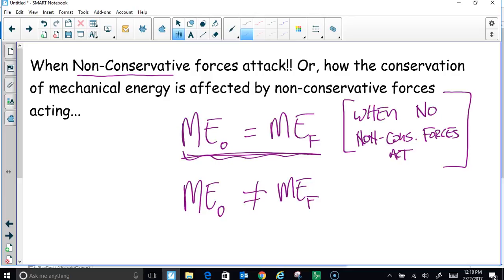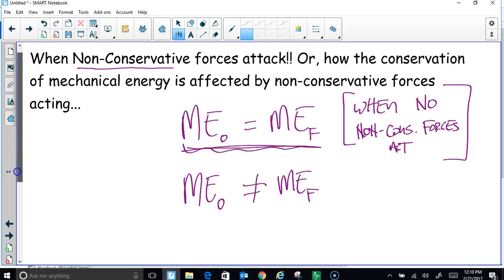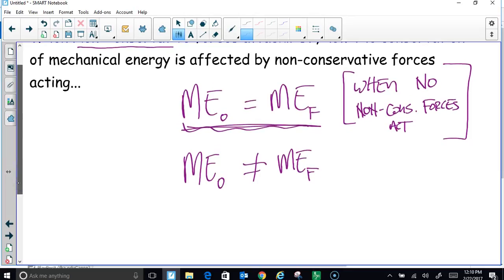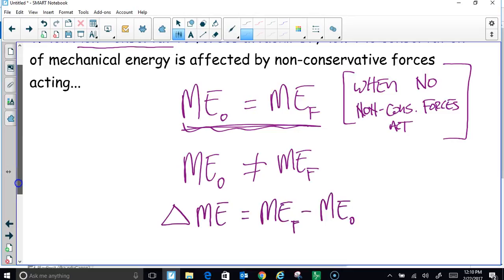Which means that when we compare the final and the initial states, there will have to be a change in the mechanical energy. We could find that change by doing the final mechanical energy minus the initial. There will be some sort of change in the amount of mechanical energy that it has.